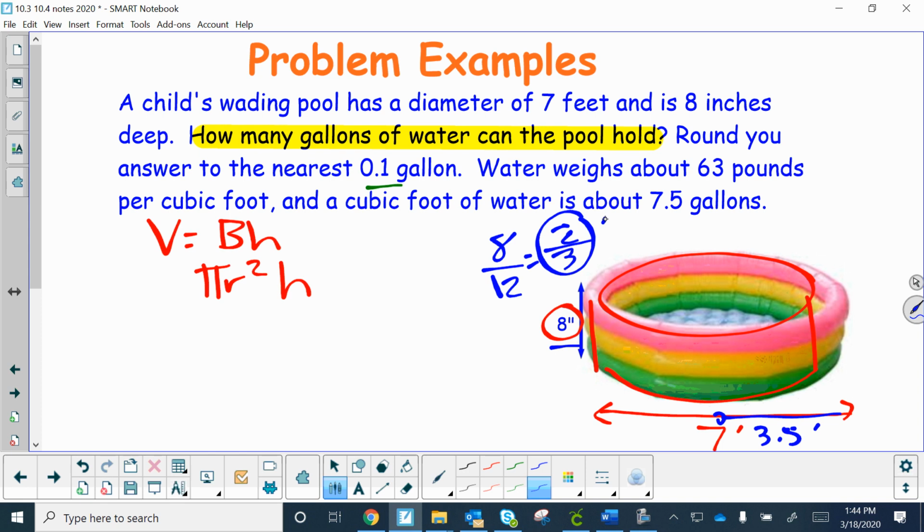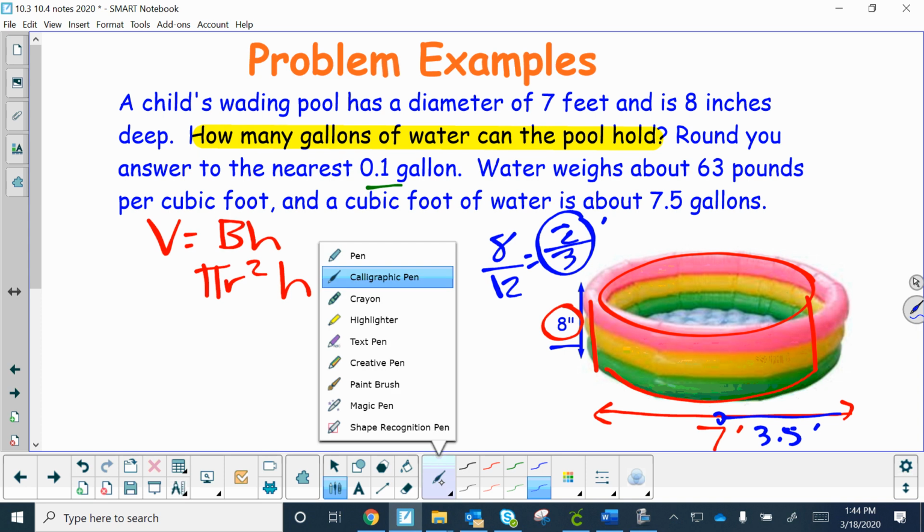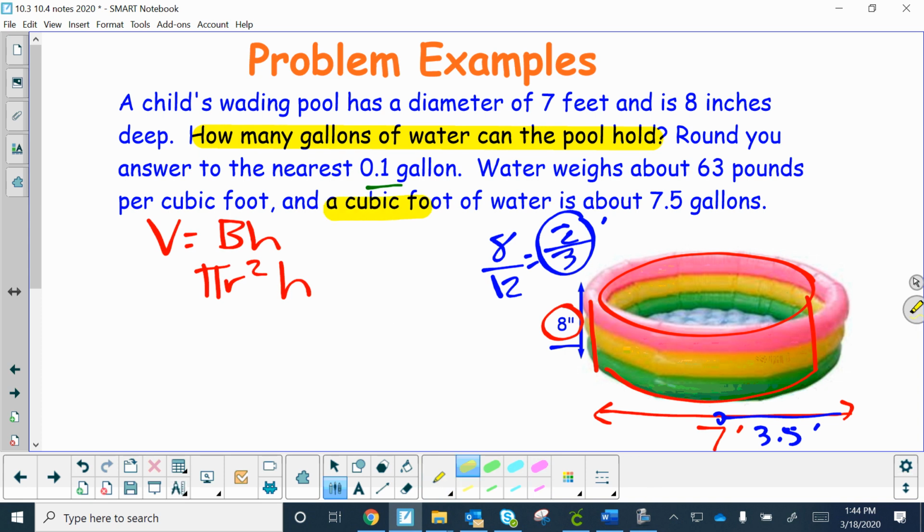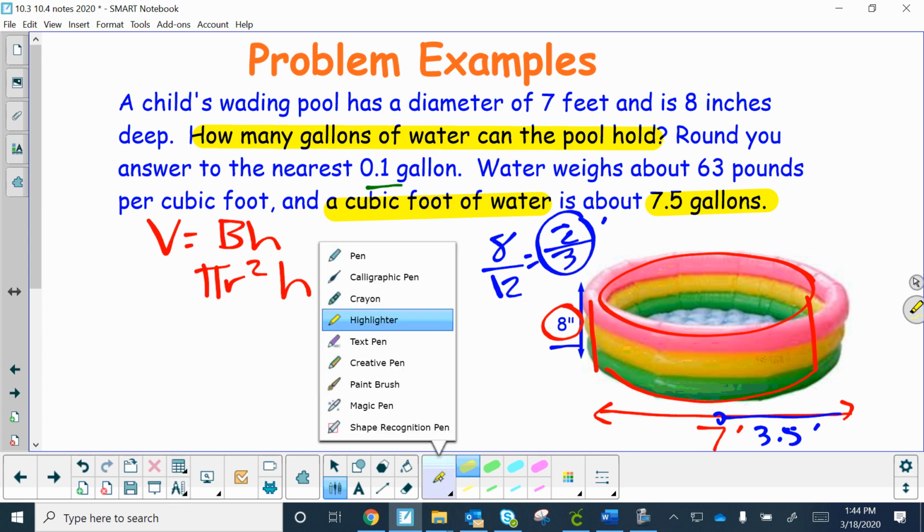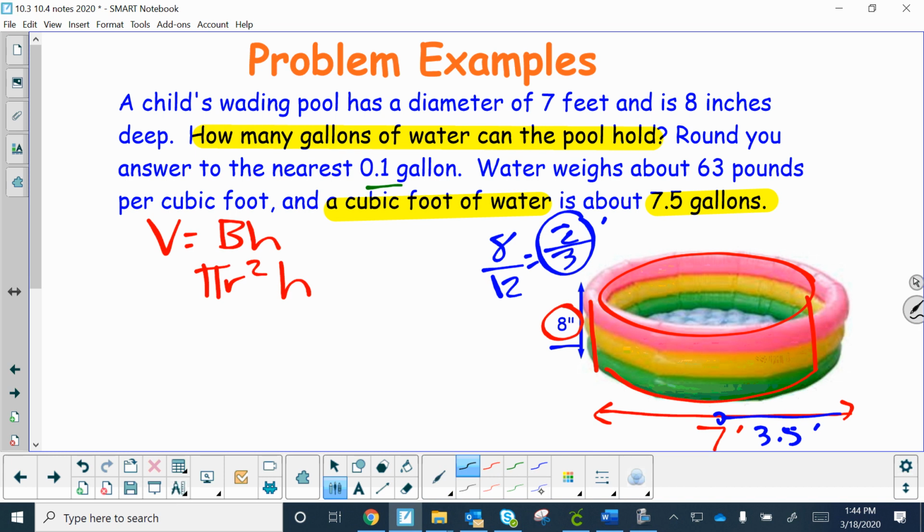And the reason why we want to turn it to feet is that if you read right here, it says a cubic foot of water is about 7.5 gallons. So 1 cubic foot of water is about 7.5 gallons. So that's why we want to have it in feet. We really don't want to put it in inches and convert at the end. So we want to put it all in feet. So 2/3 is what we're going to have to work with. And it's okay that it's a fraction. We're just going to work through it.